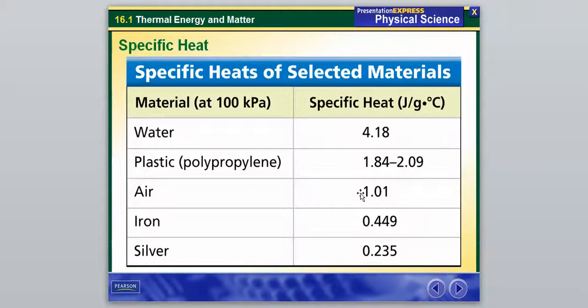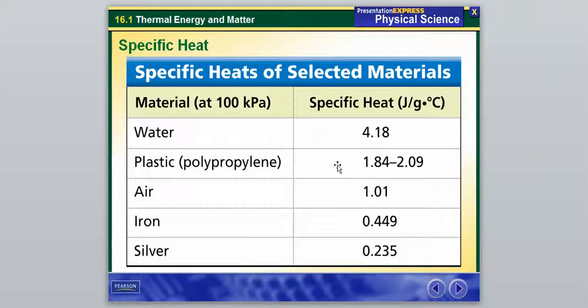Here are the specific heats of different materials: water, plastic, air, iron, and silver. The fact that water has a high specific heat is huge to our life on Earth, because if water was constantly changing temperatures with all the dramatic temperature increases that happen in some areas, it would be hard for life to be sustainable here.